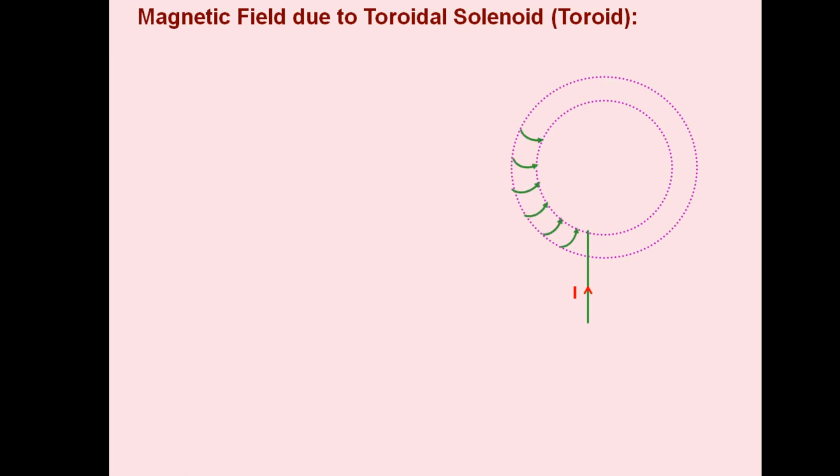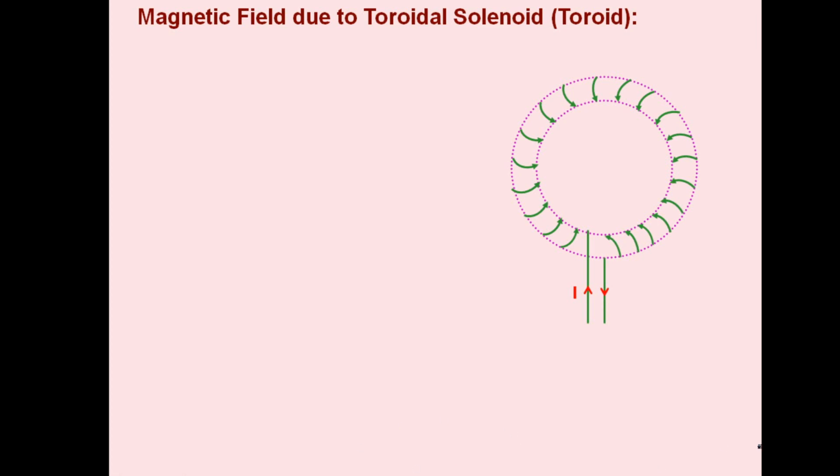Now coming to the last topic, magnetic field due to toroidal solenoid or toroid. A toroid is basically a wire in helical form, but it is an endless solenoid-like structure. Current is wound over a ring, so that from one portion it starts and at the same portion it comes out.